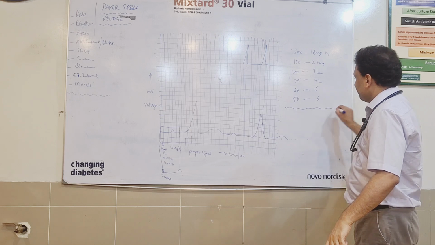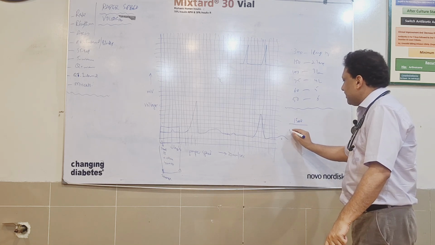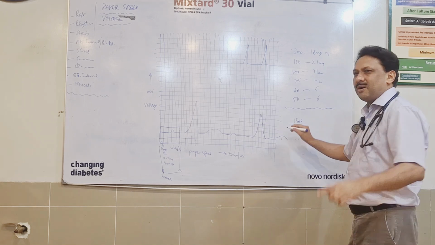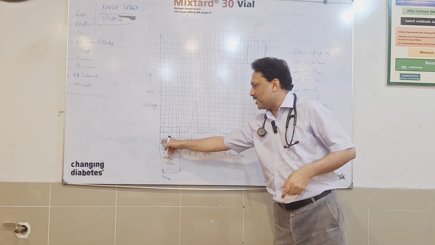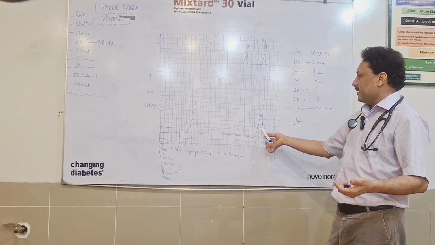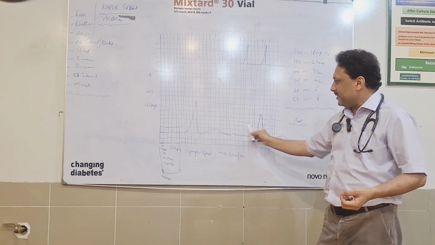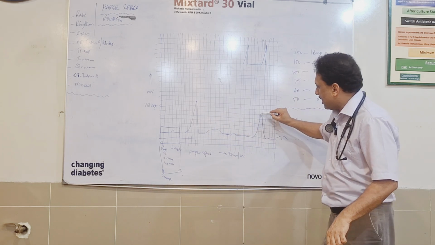Divide 1500 by the number of small squares between two R's. Like if I want to exactly calculate the rate in this gentleman, 1 R is here and the other R is here.